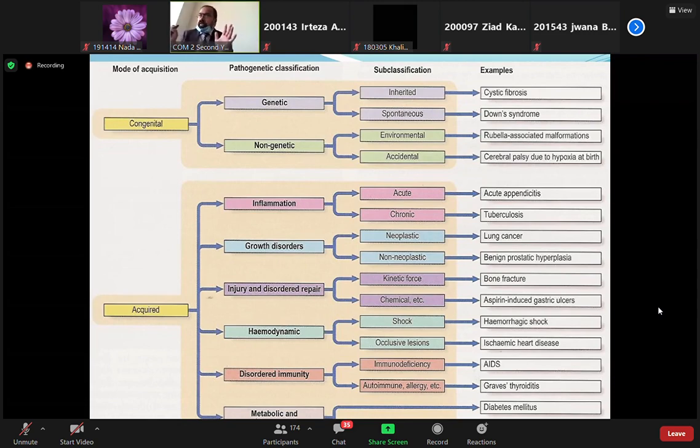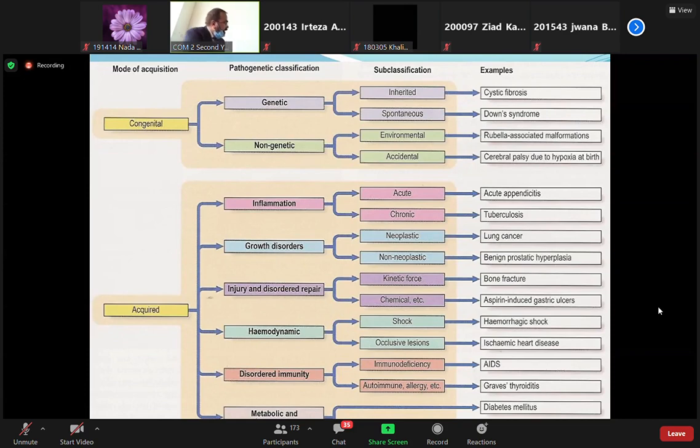The family doesn't have it, but suddenly you see the baby with Down syndrome, so it's not inherited. Non-genetic means environmental, like the mother had rubella virus and because of that the baby is born with that condition. Or accidental: during delivery something happens to the baby.